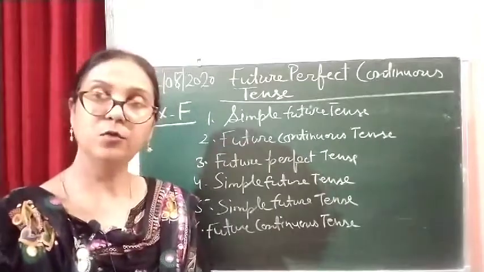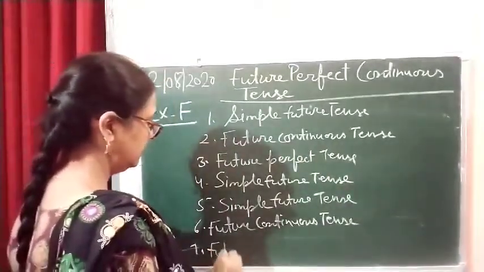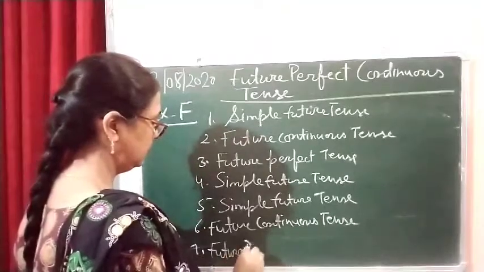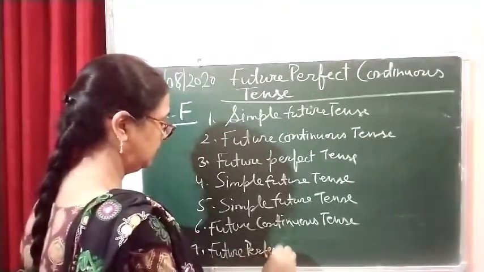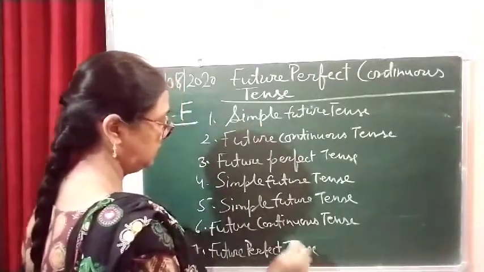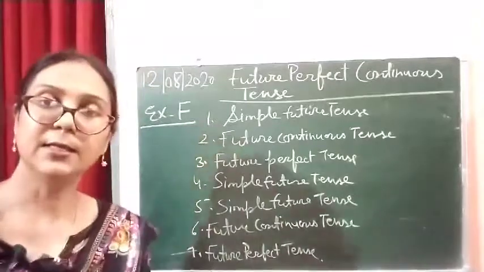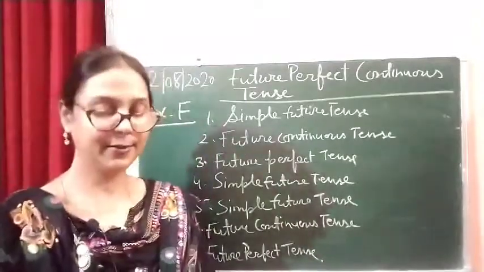This is future perfect tense. So this way we have completed exercise number F.